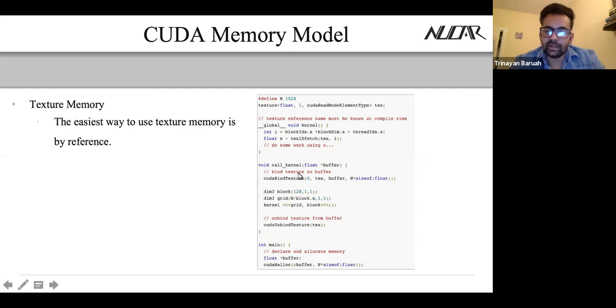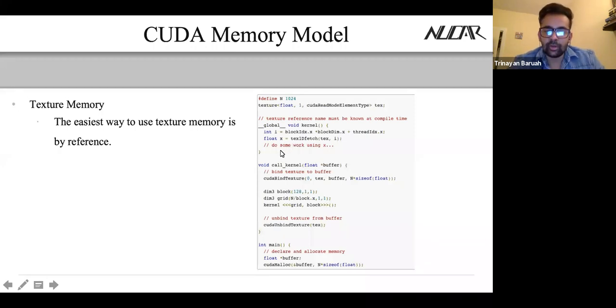First, you have a buffer, right? So this is a call to the kernel function, and then you need to bind the texture to a buffer. That's using cudaBindTexture. This is a special API that is used to bind a buffer to a particular texture. And once you do that, you need to call the kernel. In the kernel, you can use the texture memory however you want.